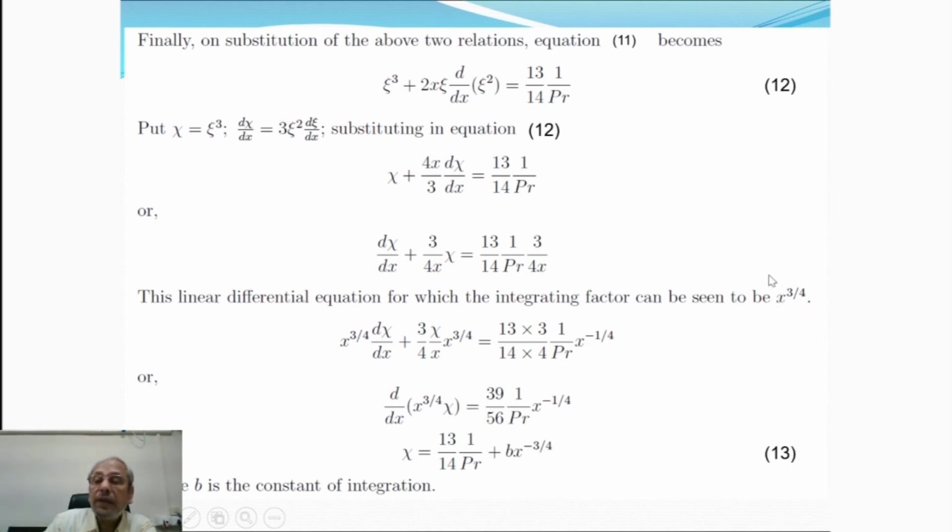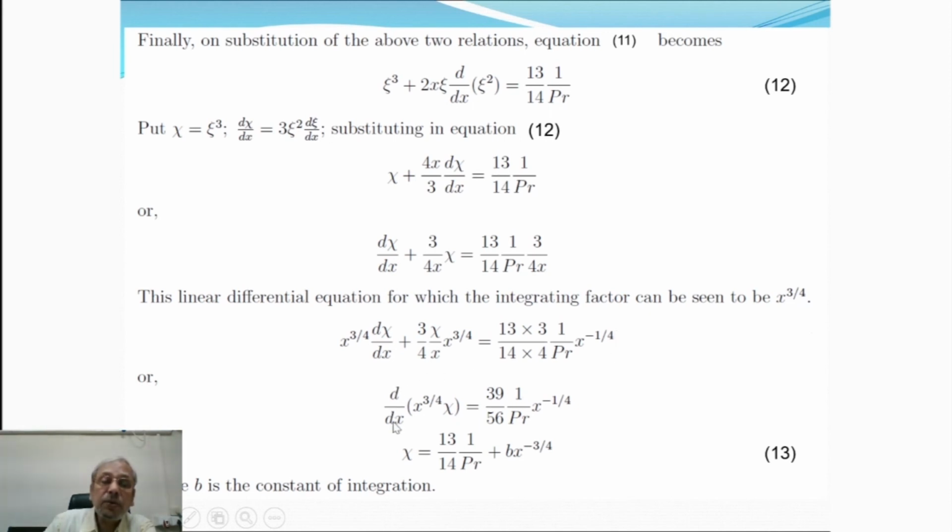So with the integrating factor, we multiply this equation by x power 3 by 4: x power 3 by 4 d chi dx plus 3 by 4x into chi x power 3 by 4 equal to 13 by 14 1 by Prandtl number 3 by 4 into x to the power 3 by 4, and we had 1 by x in the denominator, that will make x to the power minus 1 by 4.